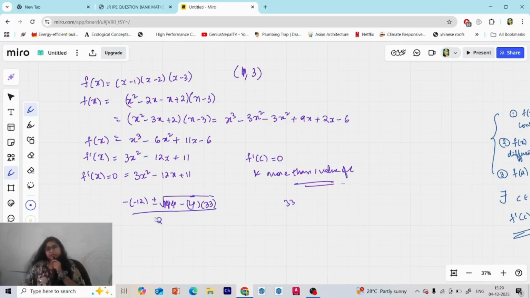So that's 12 plus or minus under root of 144 minus 33 into 3 is 132. 33 into 4, 4 twelves are 12, 33, 132. By 6, whole by 6. So you get 12 plus or minus under root of 132, by 6.